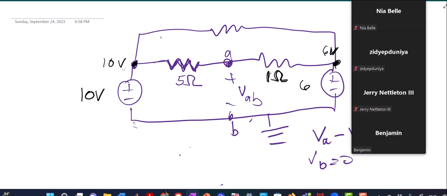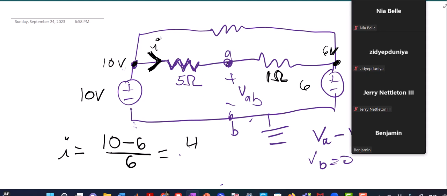Then I know there was not a branch in here, right? There was not something between A and B. That was the point. So I can say that the current going across this branch in the middle, I, equals 10 minus 6 over 6, because my equivalent resistance in the middle there is 6. So that's 4 over 6, which is 2/3. So that would be my current going through this branch across the middle.